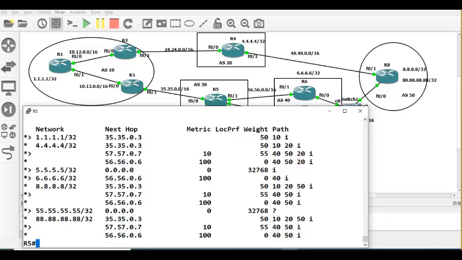To reach the 11111 network, there is no other option. But for 44444, you see it starts going via 7 because of high weightage, even though the AS path is long. And for the 88 network, it is going via router 7 because of high weightage. Even if you don't set weight, if you cancel both weights, then it will go via this path because of the shorter AS path.